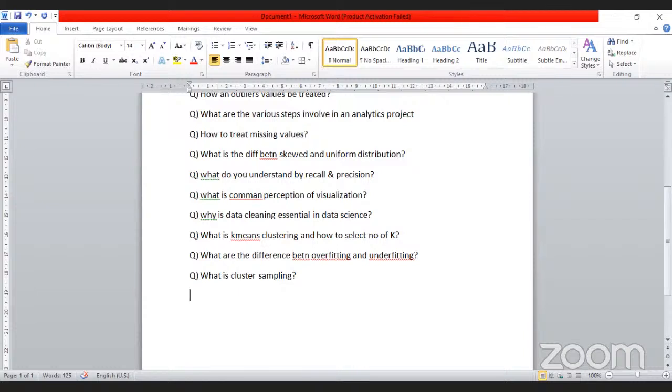Cluster sampling is a technique used when it is difficult to study a target population spread across a wide area, and simple random sampling cannot be applied.